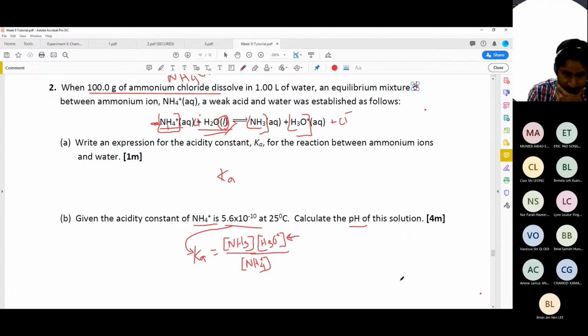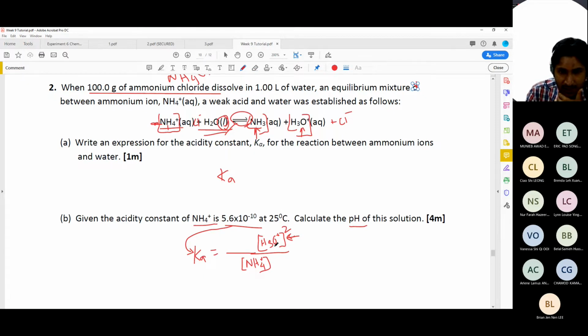Since the system has achieved equilibrium, there are equal amounts of ammonia and hydrogen ion. So I can take the squared value of the hydronium ion concentration and remove the ammonia, because the same amount is produced.